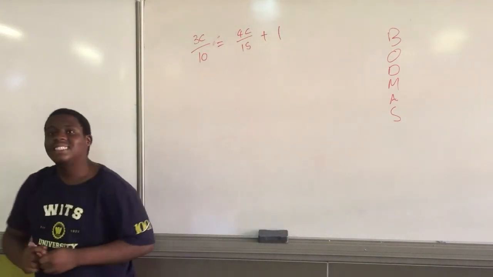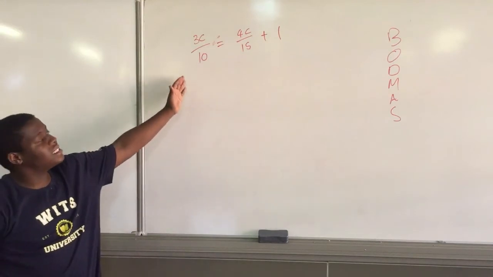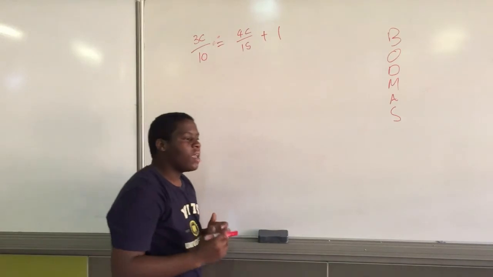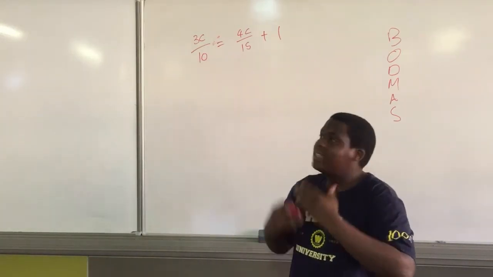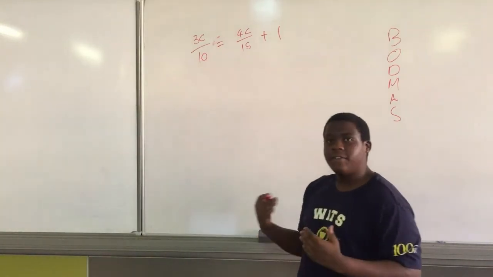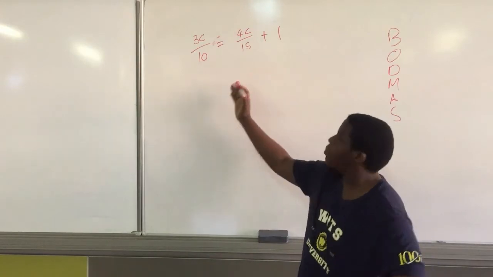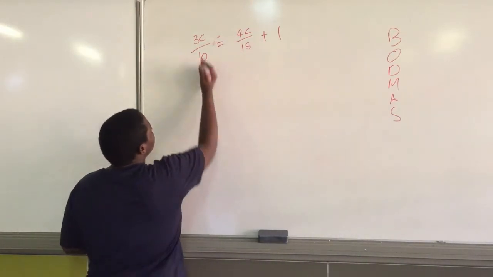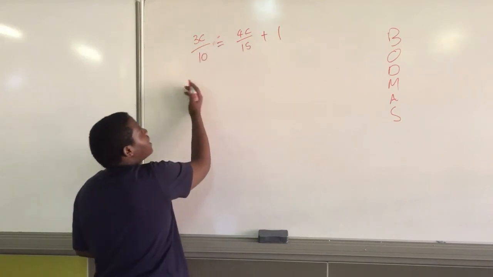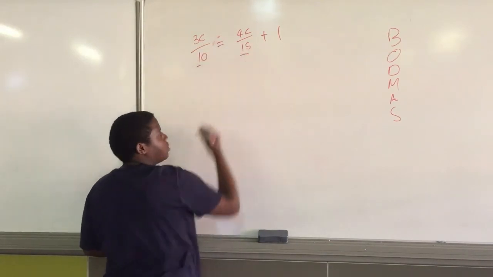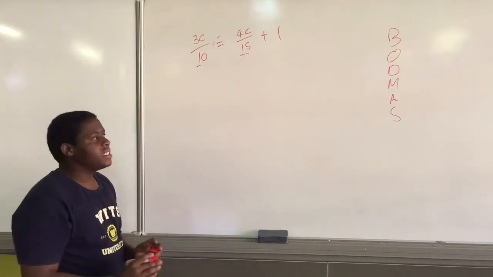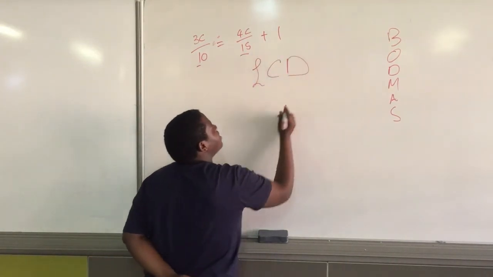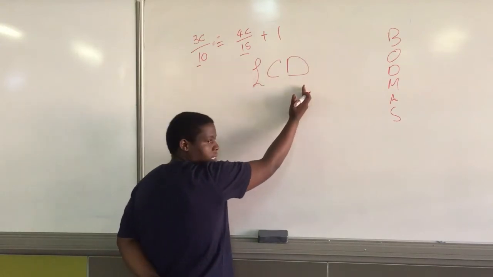Now, this is the same thing. It's still a linear equation, but it's a bit different because now we have different denominators. And you remember in fractions, we need the same denominator. So what we need to find now is something called the LCD, the lowest common denominator.